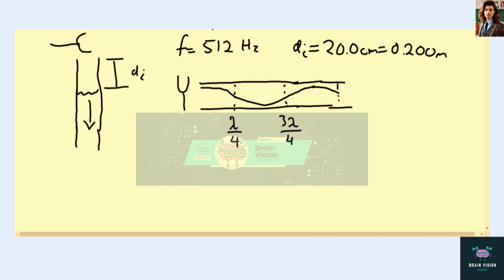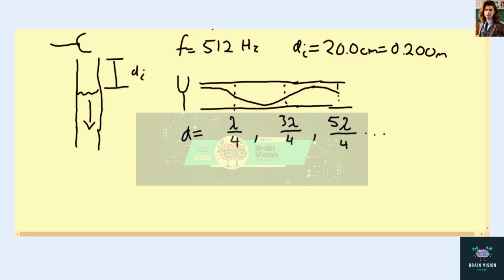And then the second distance would be 3 lambda over 4, because now we've gone down to the opposite antinode and then back to a node, but we haven't quite returned to the initial antinode. And then the third possible distance would be 5 lambda over 4. So the distances that we care about are lambda over 4, 3 lambda over 4, 5 lambda over 4, and so on.